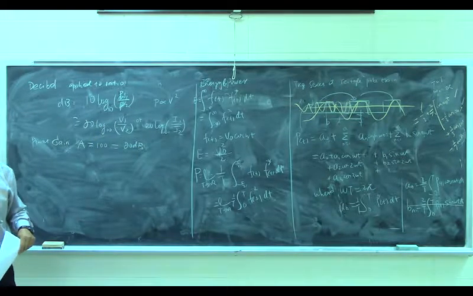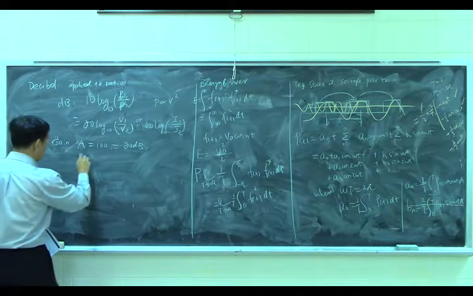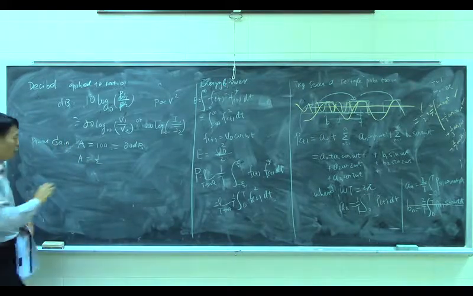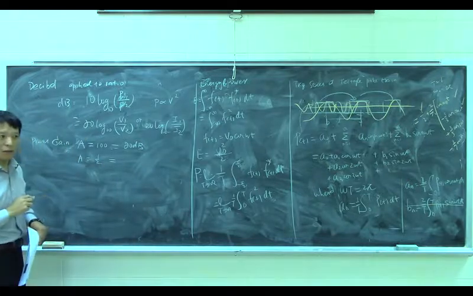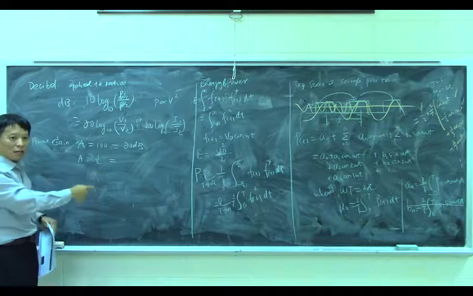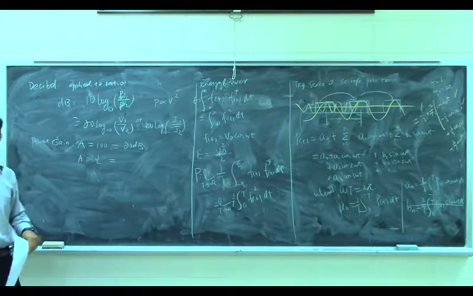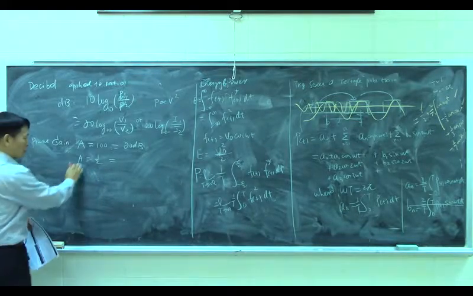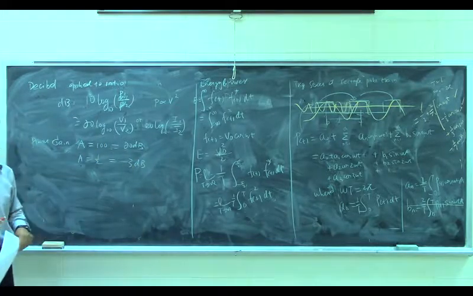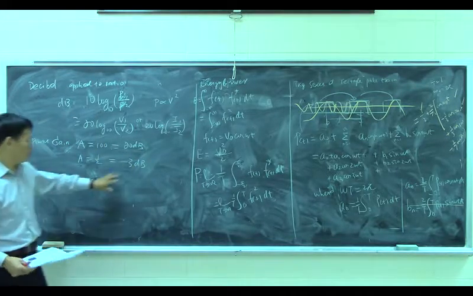Make sense? Alright, next one, for example, the gain equals half. And what is this? You take the log of half base 10, that gives you negative 0.3. Then times 10 gives you negative 3. And negative 3 dB. Now you may remember this.